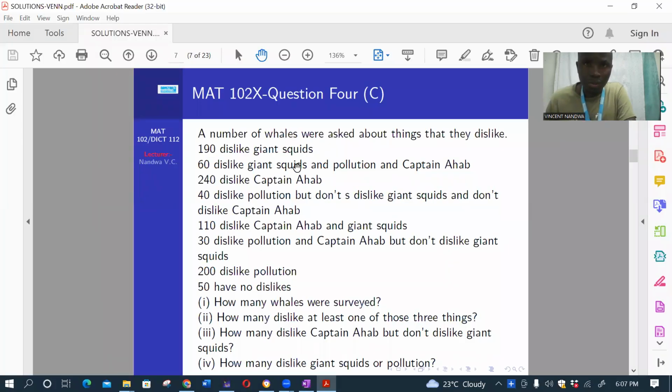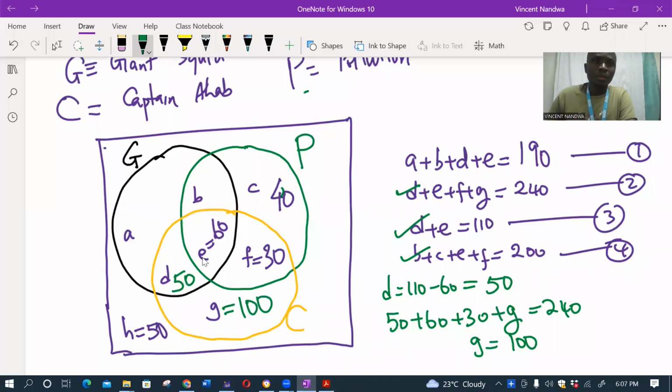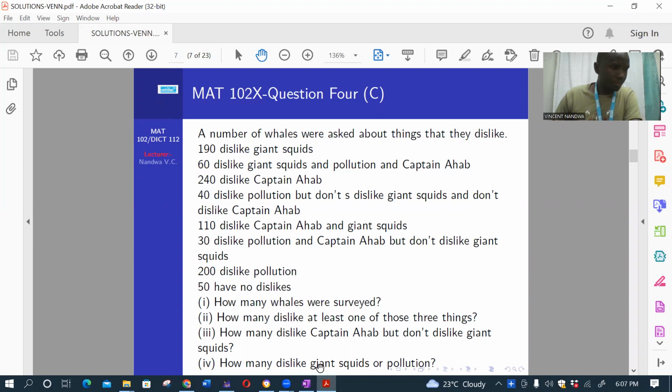Let's see the other information that was given in the question. So 60, 40, 110, and then 50. So 40 dislike pollution, so I'd use that information. Now we're also told that 200 dislike pollution.